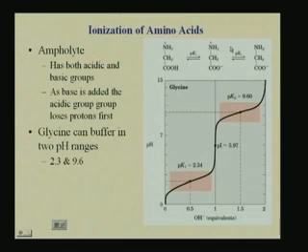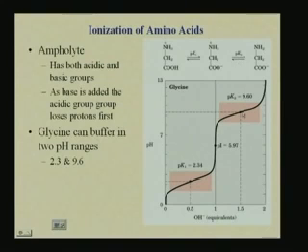As I add OH minus, I abstract this proton at a particular pH. The pK2 will correspond to a pH where I have equal amounts of this species and this species. Is that clear?